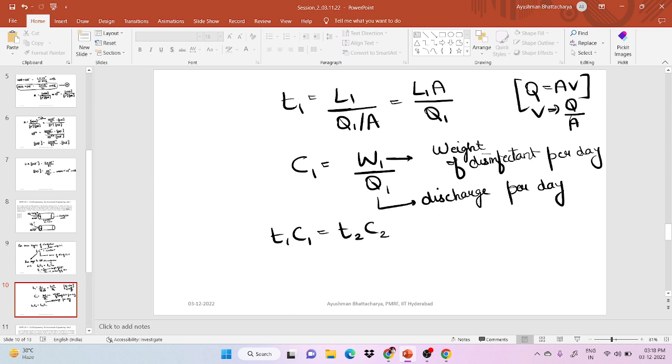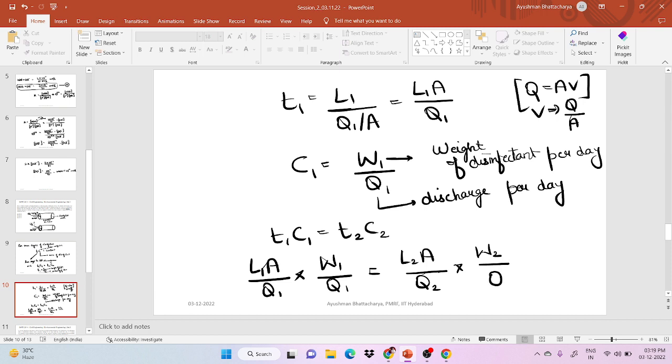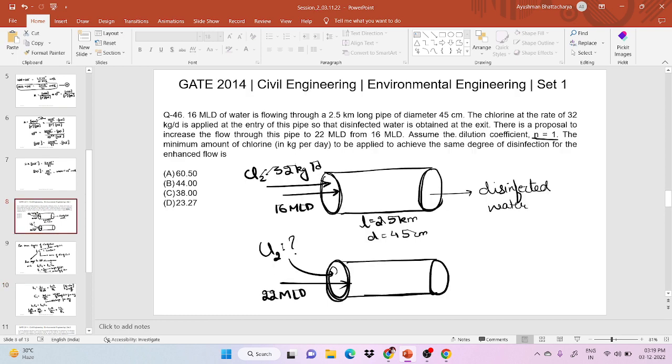Using these two, we can substitute: T1 is L1 A by Q1, into C1, which is W1 by Q1, equals L2 A by Q2 into W2 by Q2. Here the length of the pipe and the area are assumed constant because no such information is given regarding the length and the diameter of the pipe.